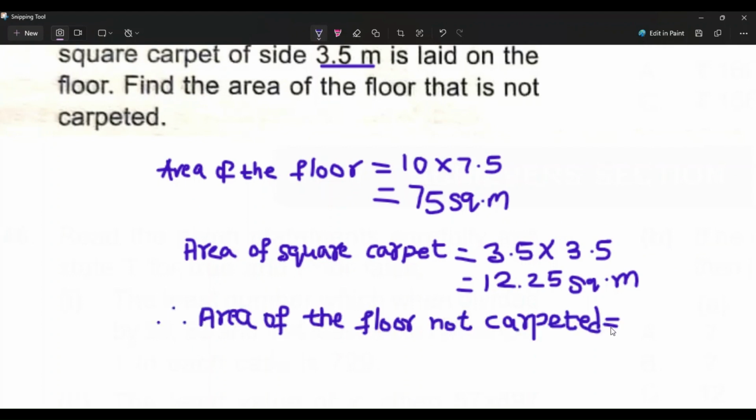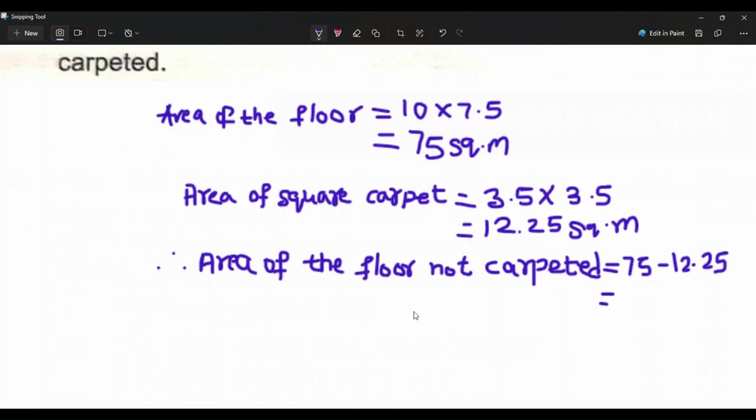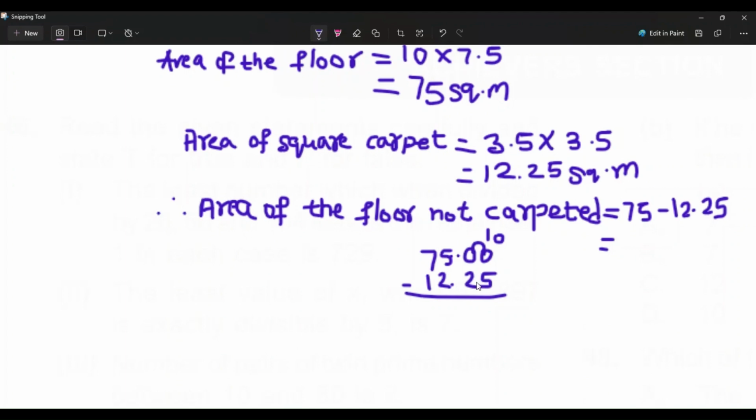Area of the floor not carpeted is equal to area of the floor, which is 75, minus area of the square carpet, which is 12.25. Let's put a point: 12.25. 0 minus 5 will not go.